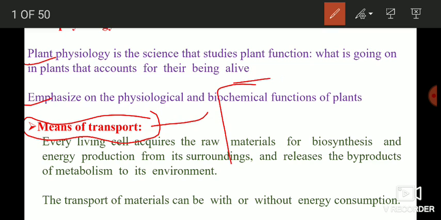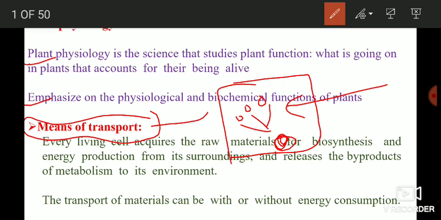You know that every cell acquires raw materials from the surroundings, and these raw materials are then converted into important organic compounds which a cell requires, and they also are used in the generation of energy.